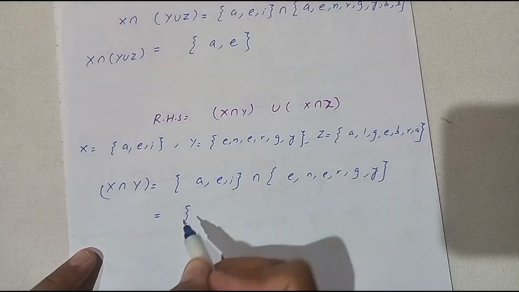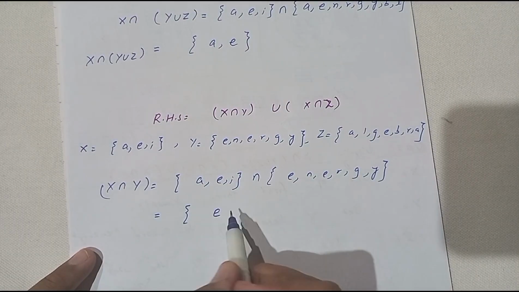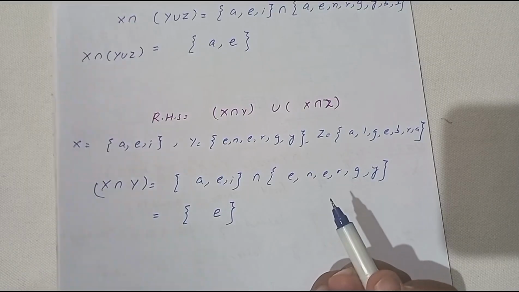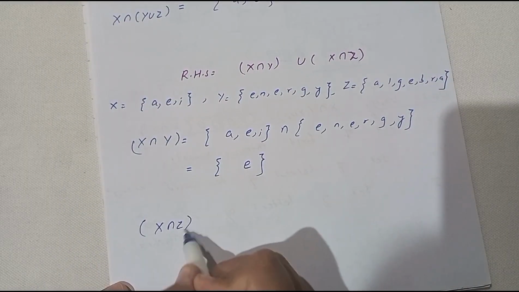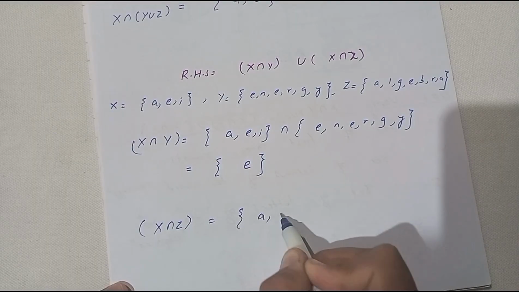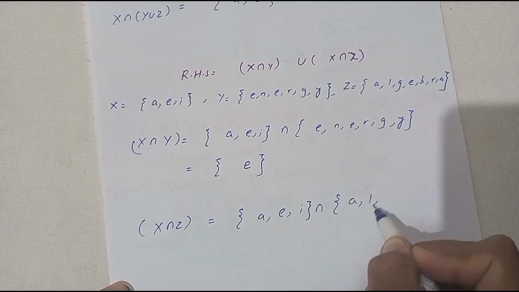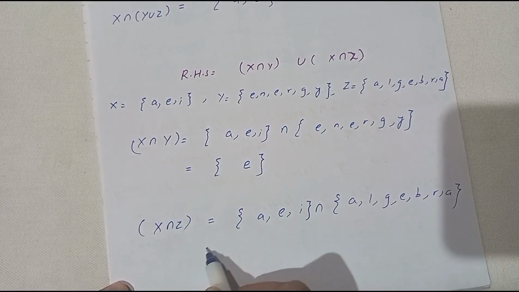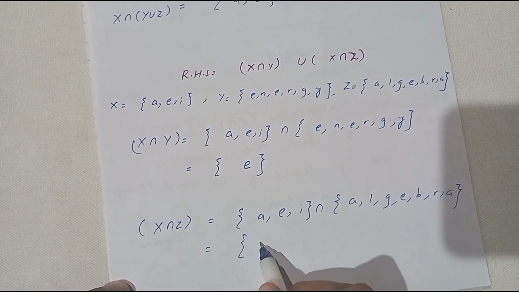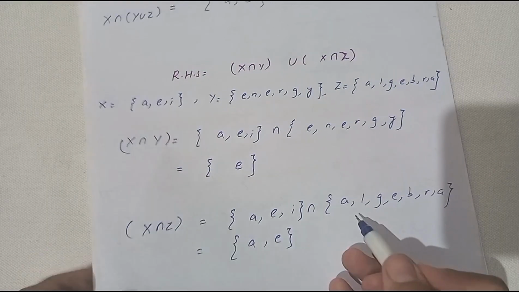The common element of X and Y is only E. Now we find the intersection of X and Z. X intersection Z, write the elements of X as A, E, I, intersection with the elements of Z, ALGEBRA. So the common part between X and Z is A and E.